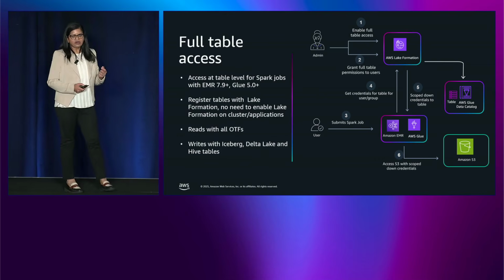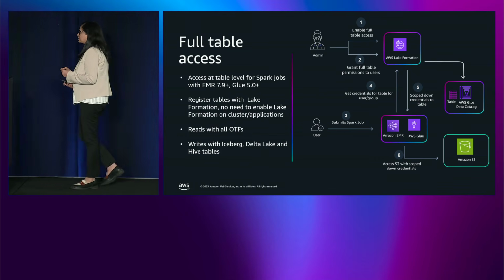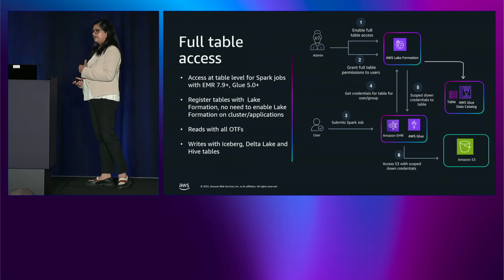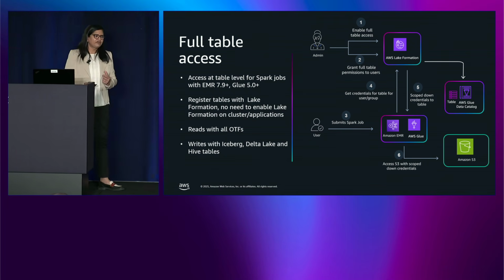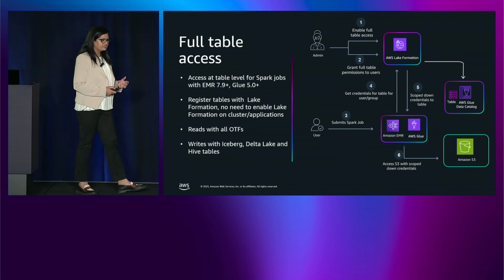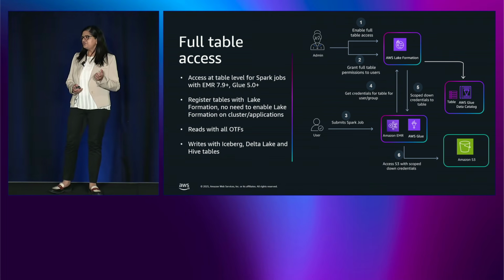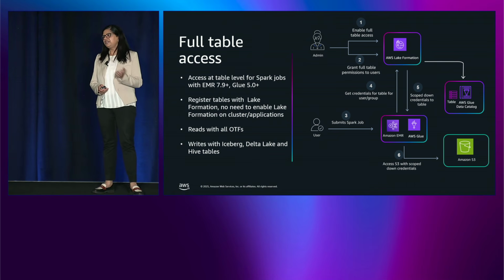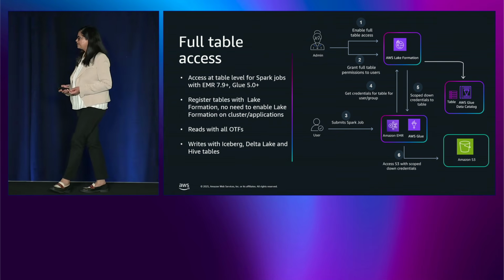Lake Formation looks at the credentials for the runtime role for that EMR job, and then it vends the required and scoped down credentials for that user or the job role. And then those credentials are used by the EMR engine, the Spark engine, to read data from S3 and then return the results back to the user.